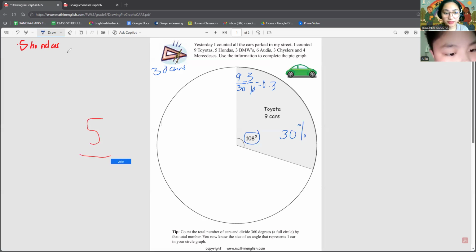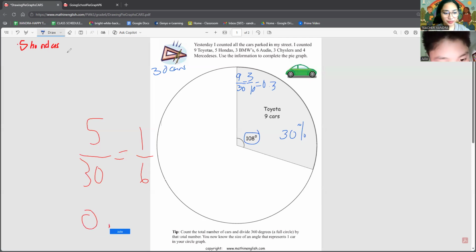Simplify if possible. 1/6. Divide and estimate. Okay, estimate.